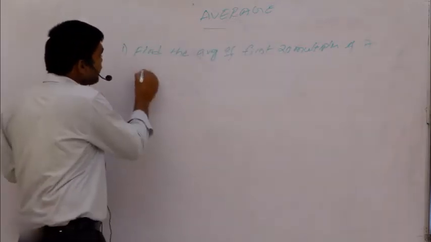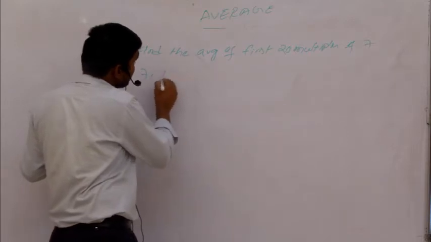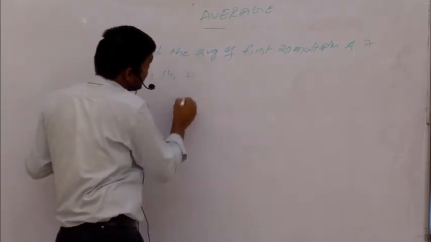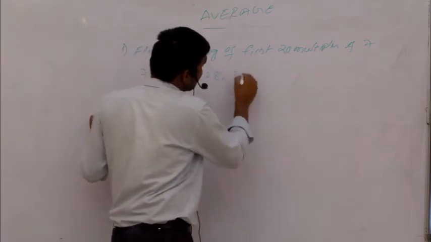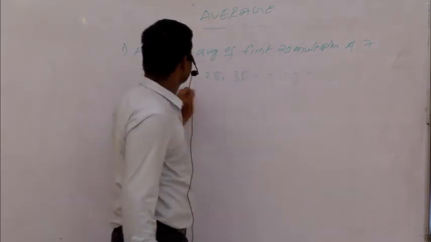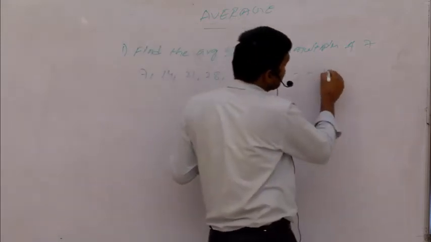So 7 multiples are 7 1s are 7, 7 2s are 14, 7 3s are 21. So 7 4s are 28, 7 5s are 35. So 7 20s multiples, 140.